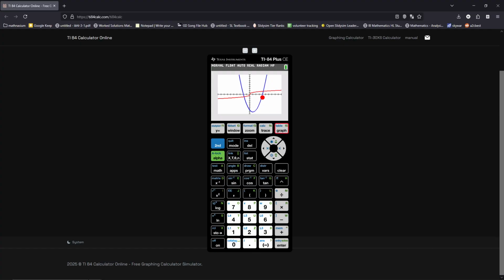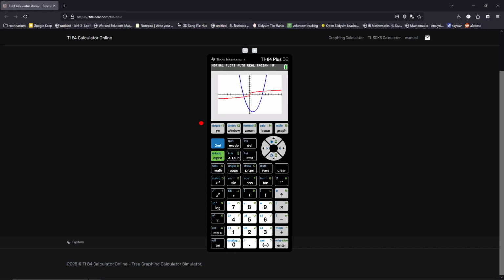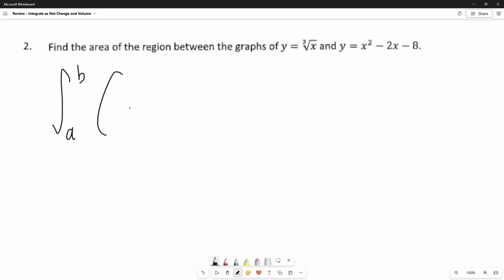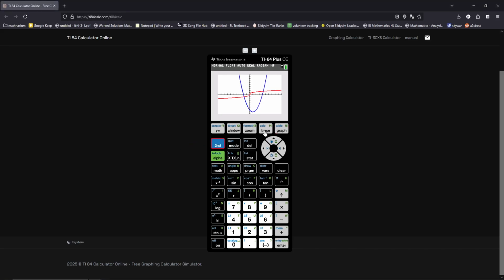And again, to find the area between the two curves, you just take the definite integral of the top one and subtract the definite integral of the bottom one from it. So it's going to be the definite integral from a to b of the top one. So this is cube root of x minus this x squared minus 2x minus 8. And now let's find our bounds, what are a and b, which is to intersect to calculate them.